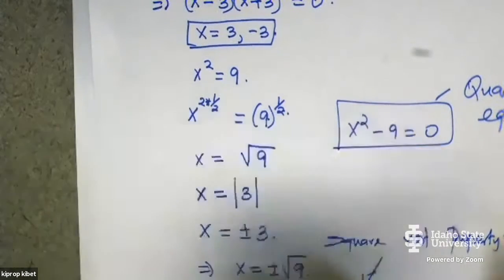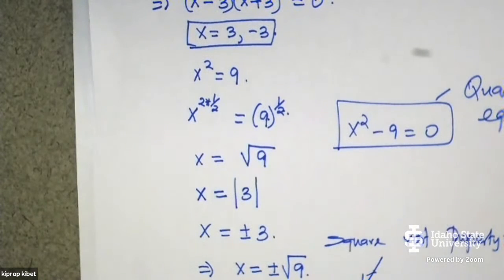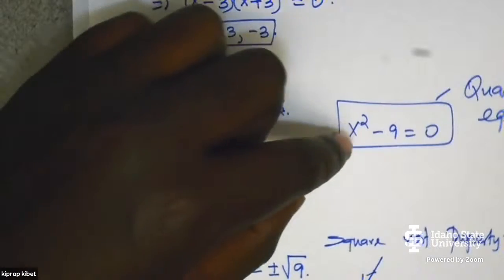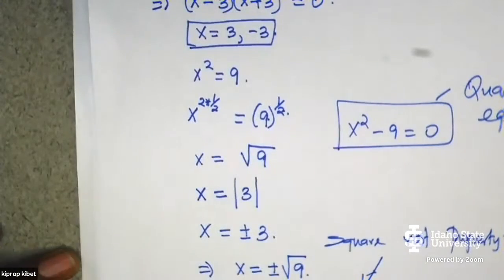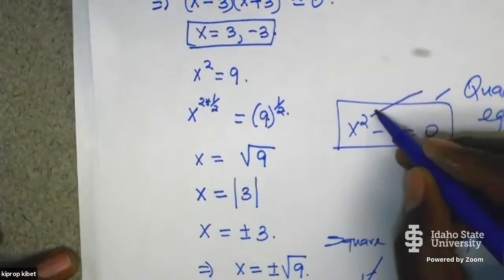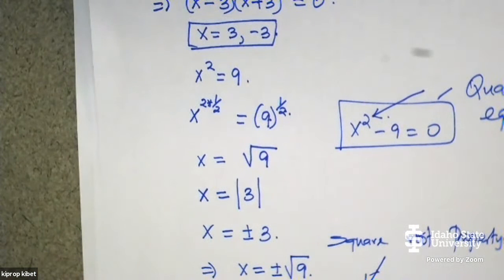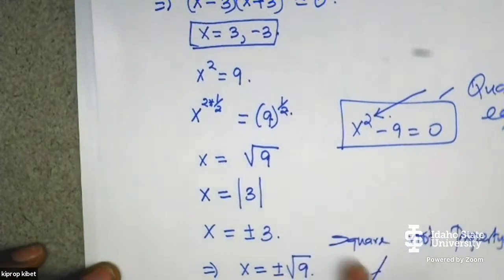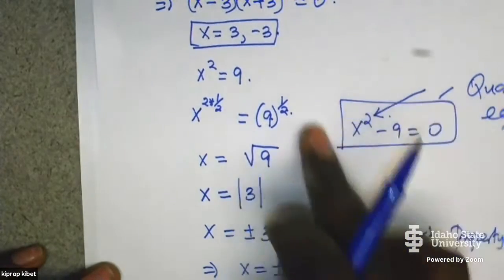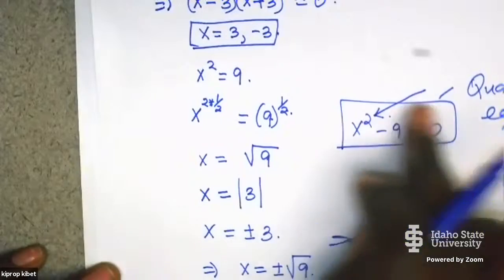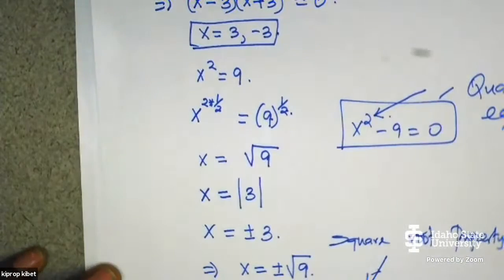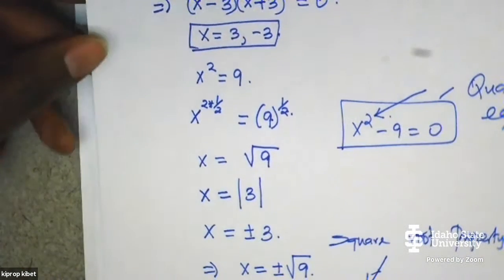Now we are dealing with quadratic equations, and we want to get the values of x. If the highest power of x here is 2, then it becomes a quadratic equation. Now we will use the square root property to solve this quadratic equation.